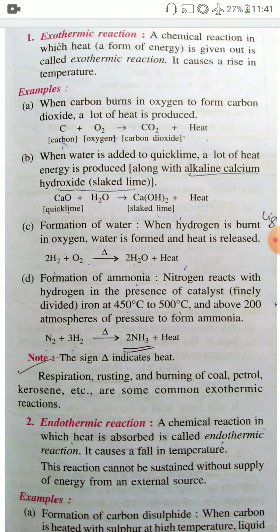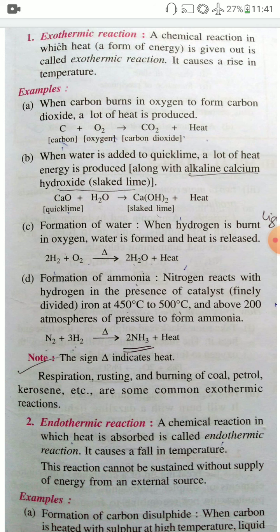Example D, formation of ammonia. Nitrogen reacts with hydrogen in the presence of a finely divided iron catalyst, at 450 to 500 degrees Celsius and above 200 atmospheric pressure, to form ammonia.